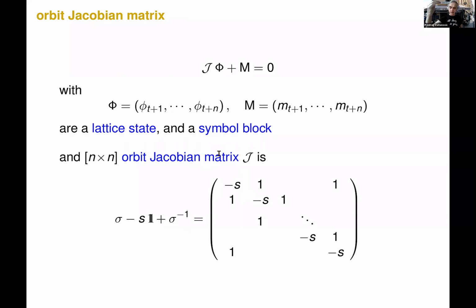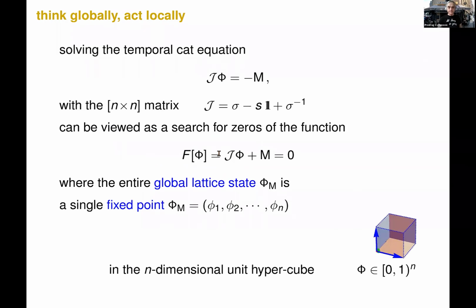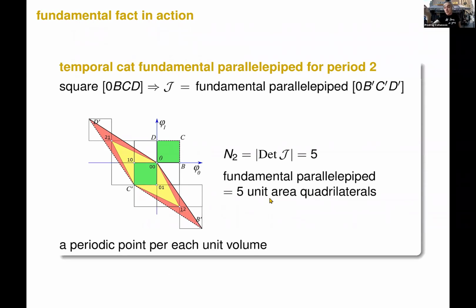The J matrix now is a Toeplitz matrix, tridiagonal, etc. And solving this problem is just what I did for Bernoulli, but now it's physics. It says I have to find zeros of this for any finite segment, and the zeros all sit in the unit hypercube again. The fundamental fact works again.